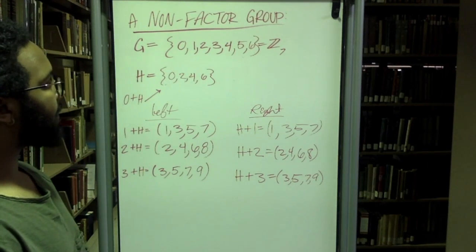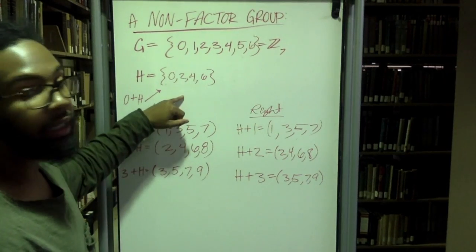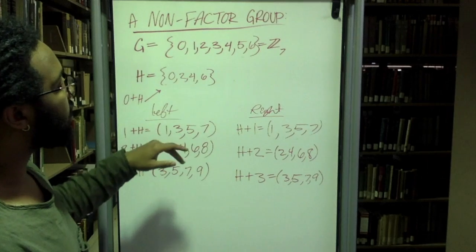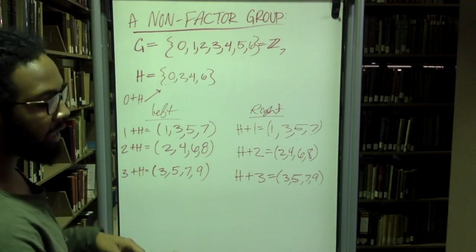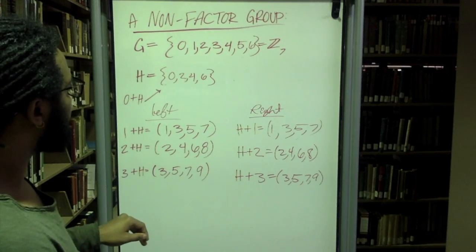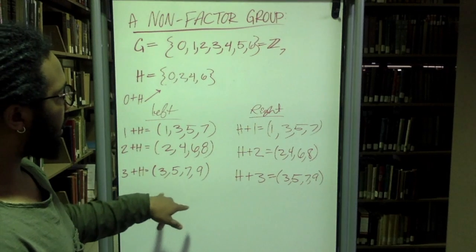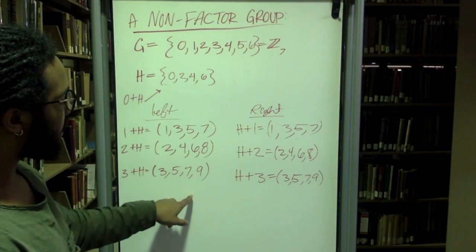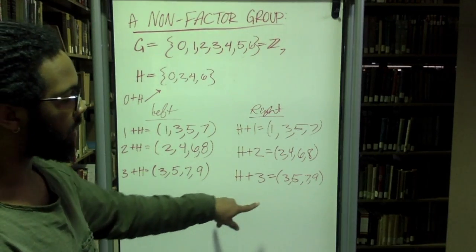We can tell that it's a non-factor group because our H in this case is not a normal subgroup. We know this because we're going to take both the left coset and the right coset, and we did that here. Here we can see that our left and right cosets are equal.